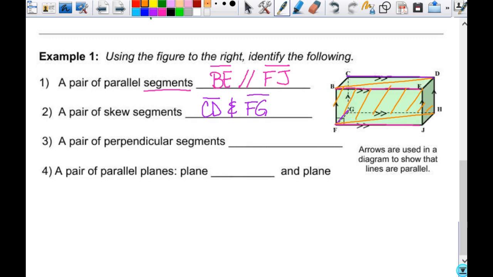Aiden, what would be a pair of perpendicular segments? Okay, line segment BF and line segment BE. Okay, what do y'all think about that? Yes, okay, so how do you know they're perpendicular? Is that what perpendicular means?